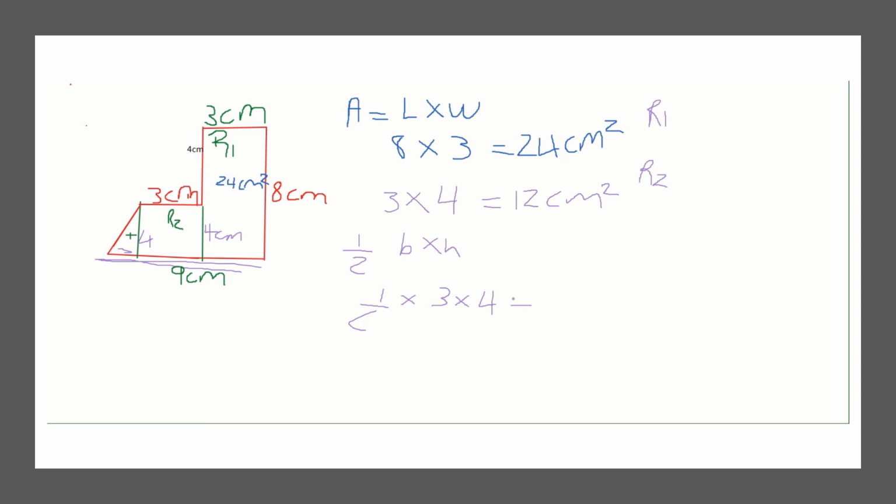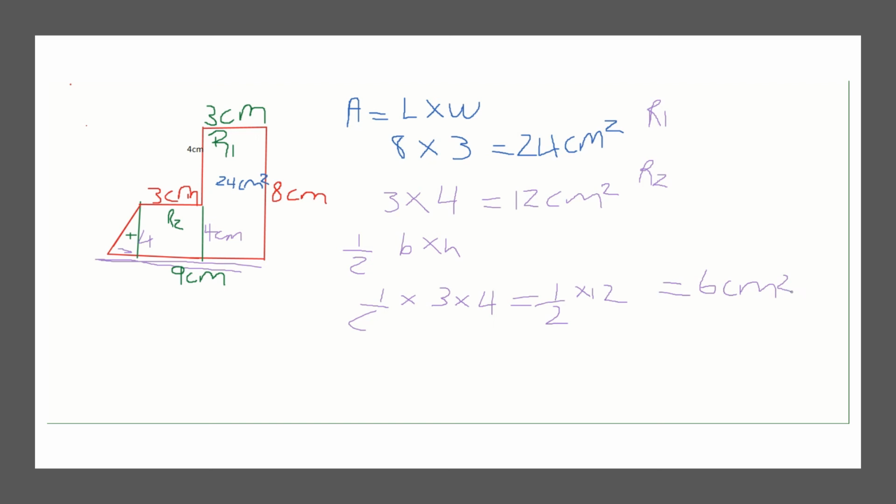So that's equal to half multiplied by 3 times 4, that's 12. So that's a half times 12. And of course, a half times 12 is equal to 6. So that's 6 centimeters squared.